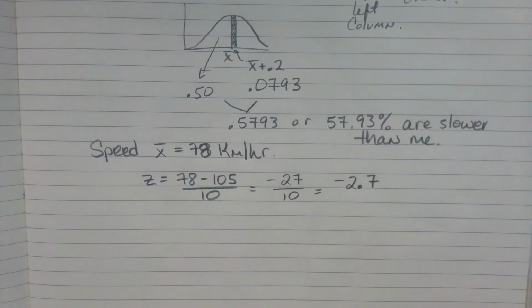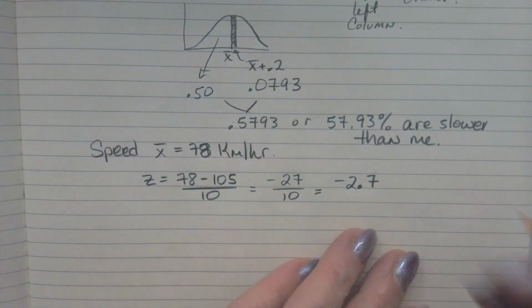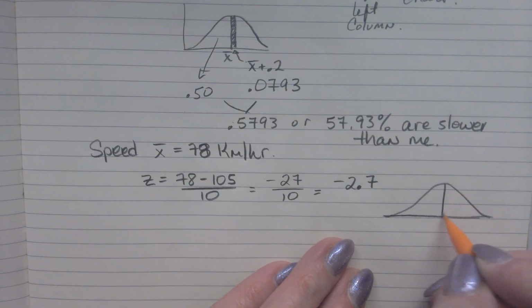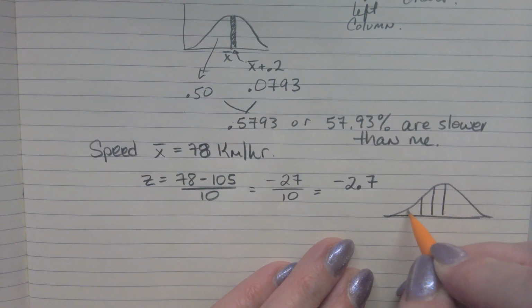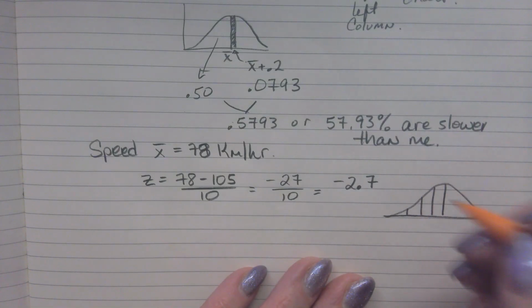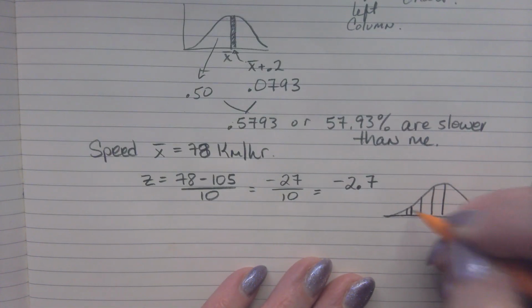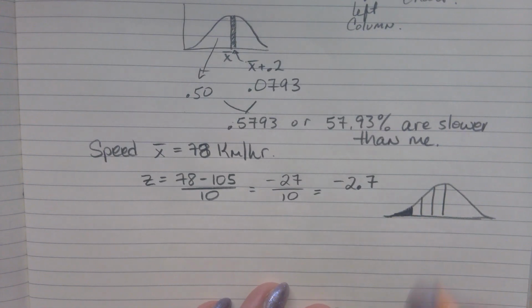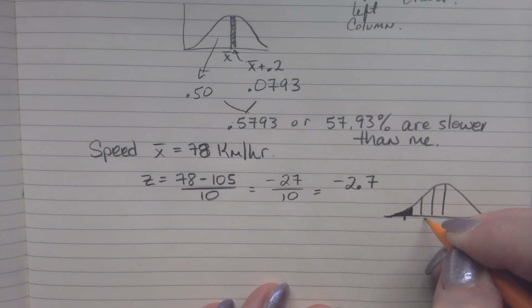So this tells me that if I'm looking at this curve, there's 1, there's 2, there's 3. I am sitting right here. Only this amount is below me. And there's 1 standard deviation right there.